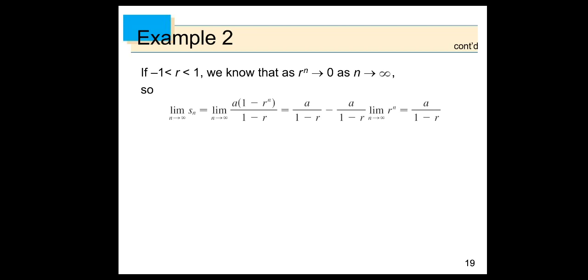Okay, now if r is greater than -1 and less than 1, we know that r power n approaches 0 as n approaches infinity. So the limit of s sub n, where n approaches infinity, is equal to the limit of a into 1 minus r power n by 1 minus r, which would be equal to a by 1 minus r, because the limit of r power n is 0.